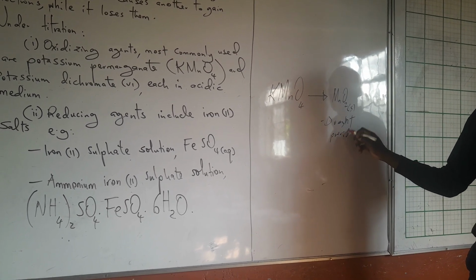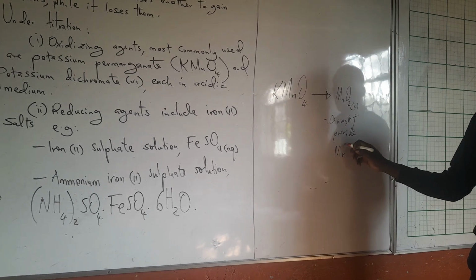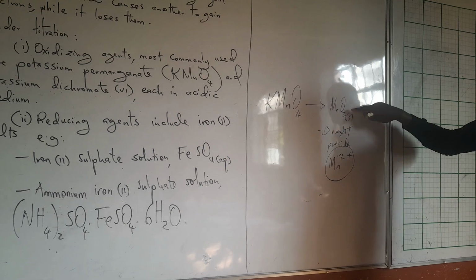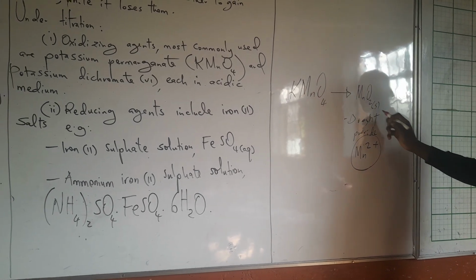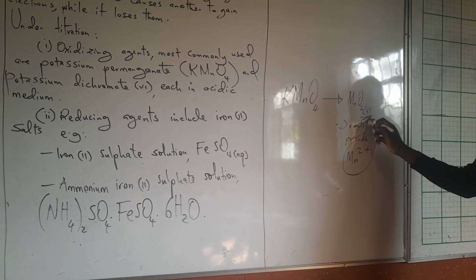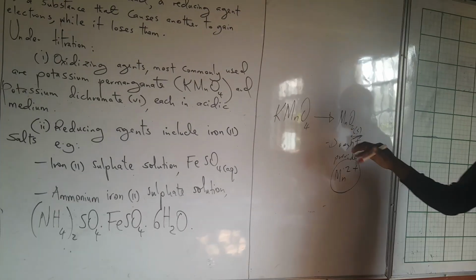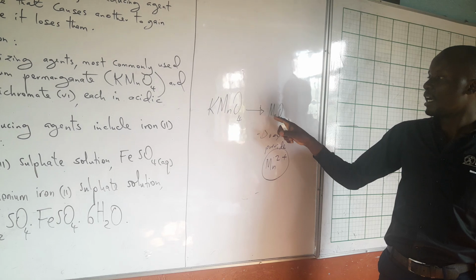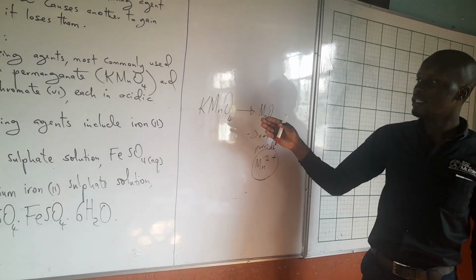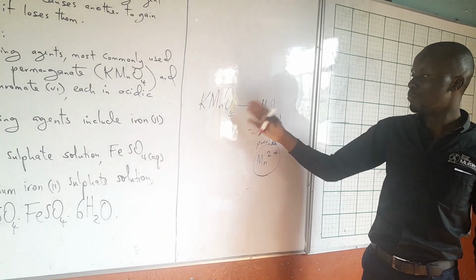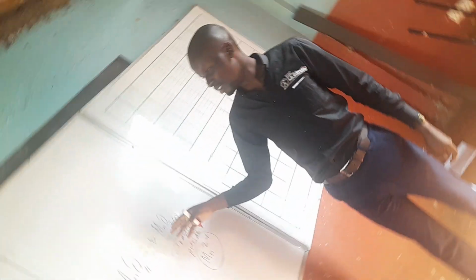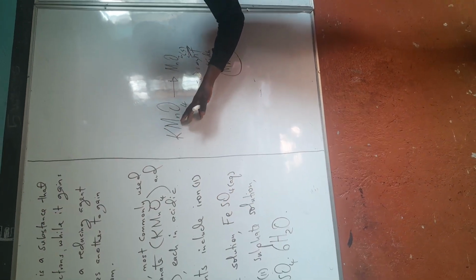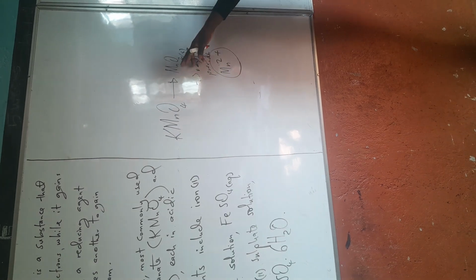It does not provide manganese(II) ions in solution. We need these ions, but in this case they will not be available because this one is an insoluble substance. So we need an acidic medium to make sure that this one is completely reduced, from manganese(VII) to manganese(II).